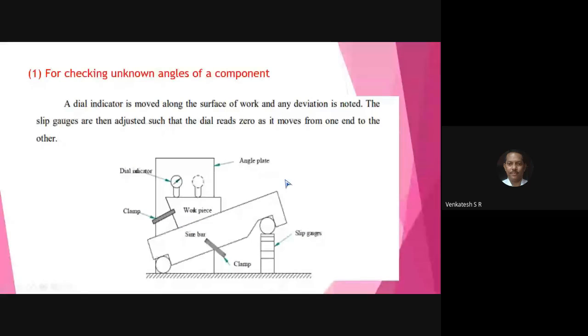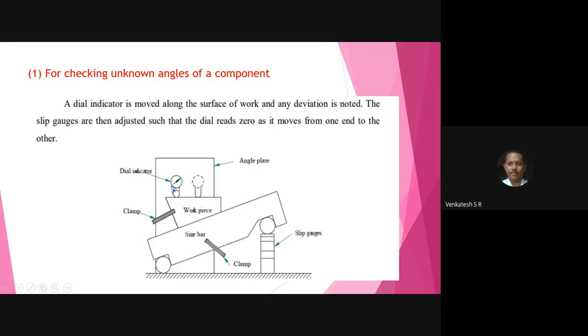All of you understand this experiment in the workshop, in the metrology lab, while measuring the taper of the given component. You have to calculate the taper. So place the tapered component on the sine bar and move the dial indicator right to left, left to right.